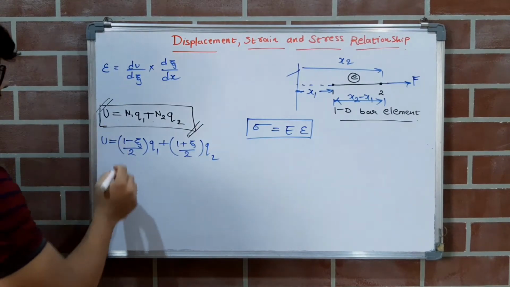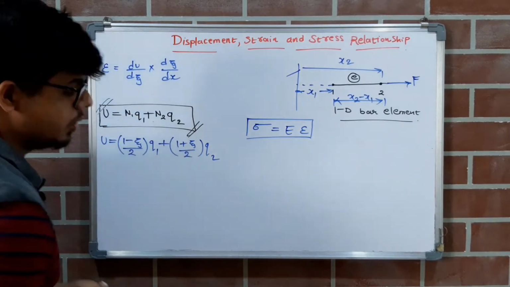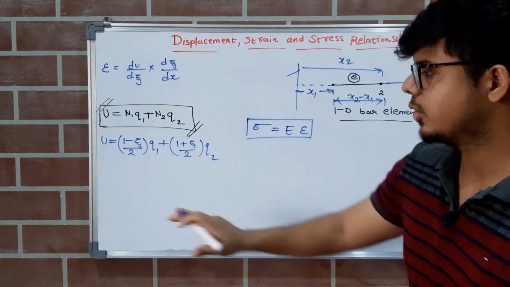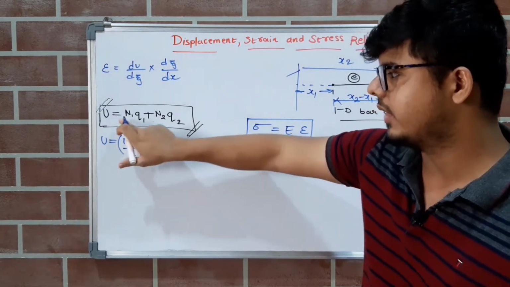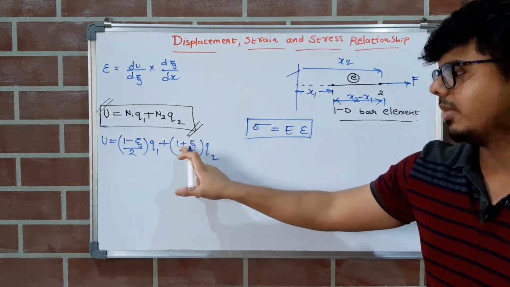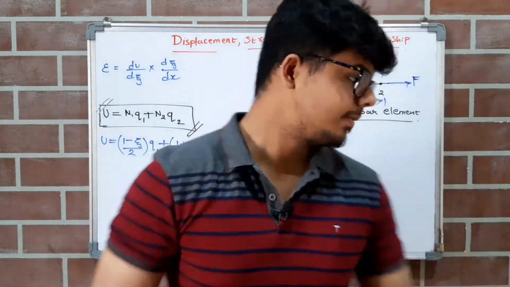Don't worry, the derivation of n1 and n2 I will do in the next video. That derivation is in our syllabus. So for now just remember n1 is given by (1 minus zeta) upon 2 and n2 is given by (1 plus zeta) upon 2, right?